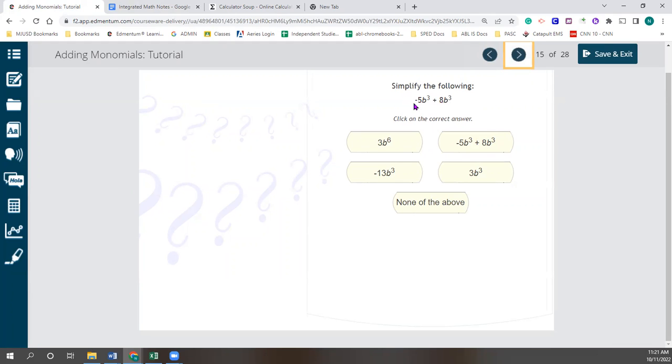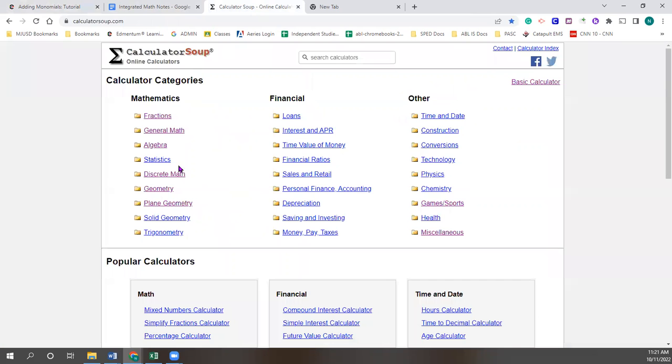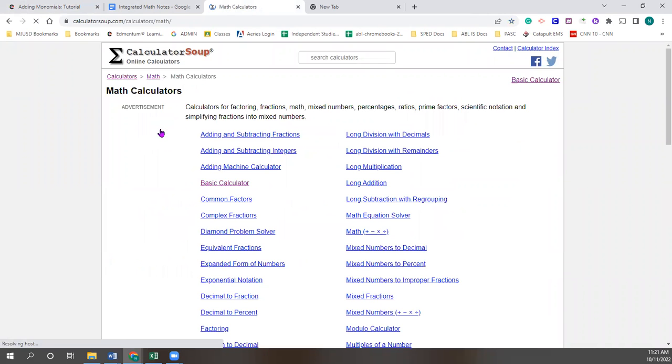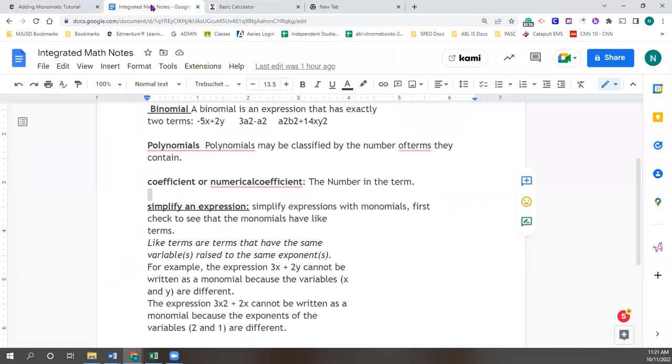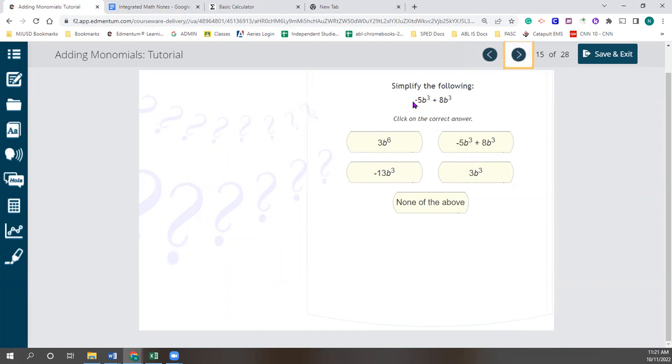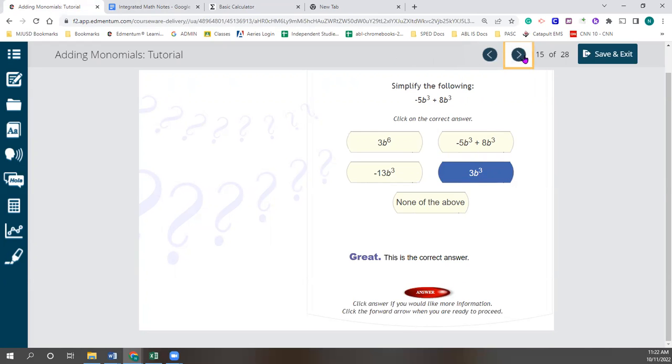Negative 5 plus 8, I could use a number line, or I can use calculator soup and go to general math, basic calculator, and do negative 5 plus 8 equals 3. Then we have the b cubed. So 3b to the 3rd power. Correct. Yes.